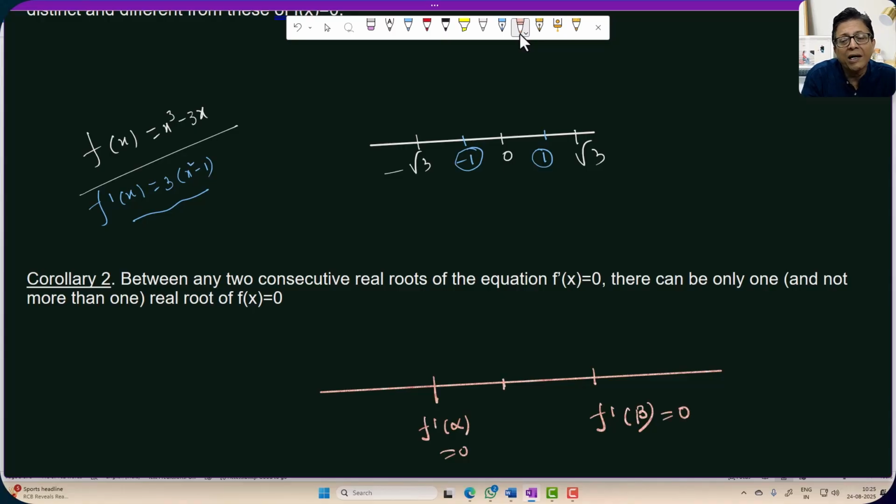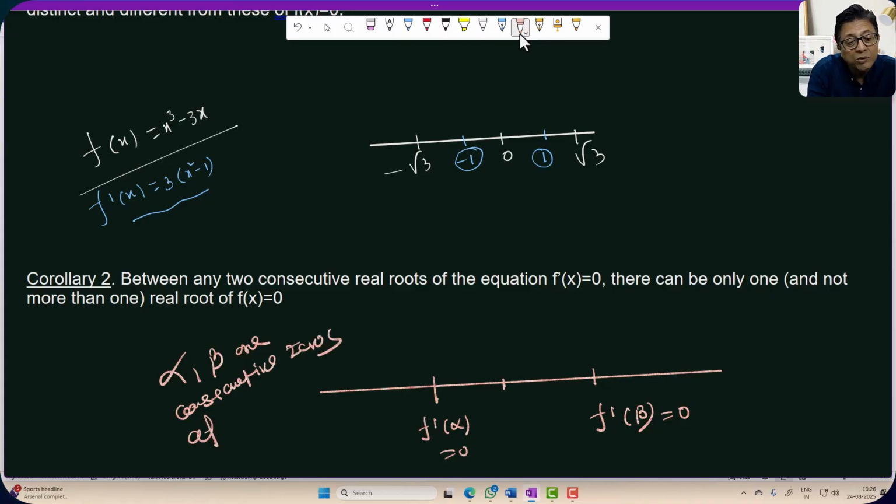And you stated that there is a root. We are saying that two consecutive zeros, no? F dash alpha 0, next f dash beta 0. Maybe f dash gamma 0, but after beta, not in between. Alpha and beta are consecutive zeros of f dash x equal to 0.